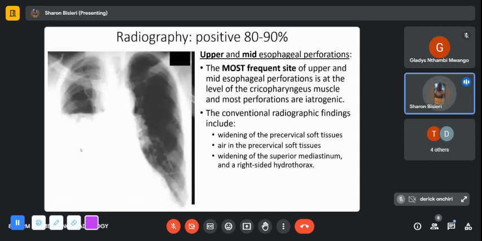So in this next radiograph, we're looking at a frontal radiograph of the chest, and it's showing one of the signs that I've already mentioned. So could someone describe the positive finding in this image? Diana?